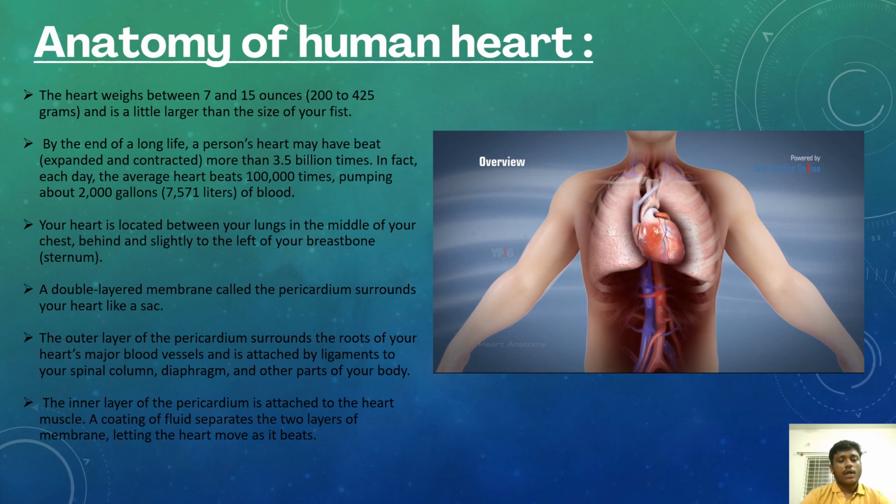The outer layer surrounds the roots of your heart and major blood vessels, and it is attached to ligaments of your spinal column, diaphragm, and other parts of your body. The inner layer is attached to the heart muscle, with the two layers of membrane letting the heart move as it beats.